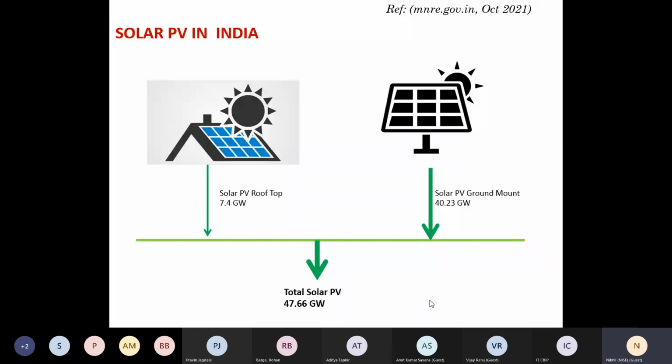PV ground mount is not necessarily a prosumer category. PV ground mount is mostly a business category, or a gross category. When I say gross category, it means somebody wants to do a business, wants to invest some amount of rupees in a power plant. They generate electricity and sell it to a particular buyer.